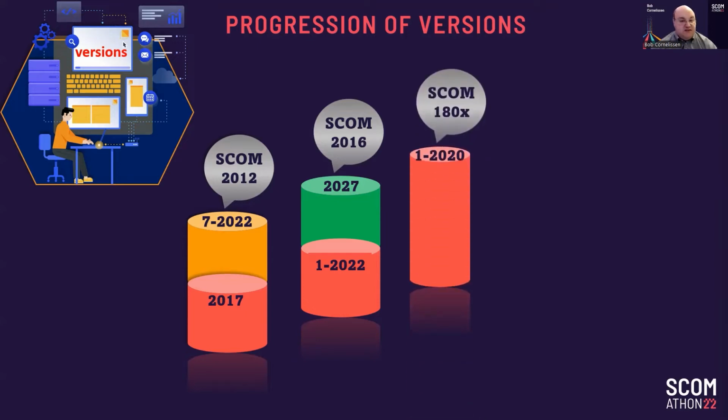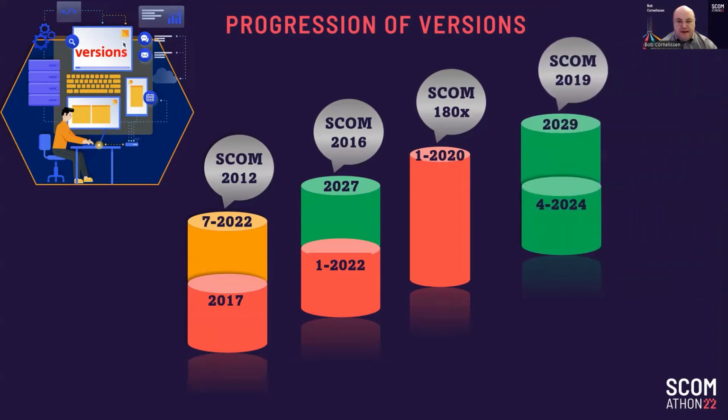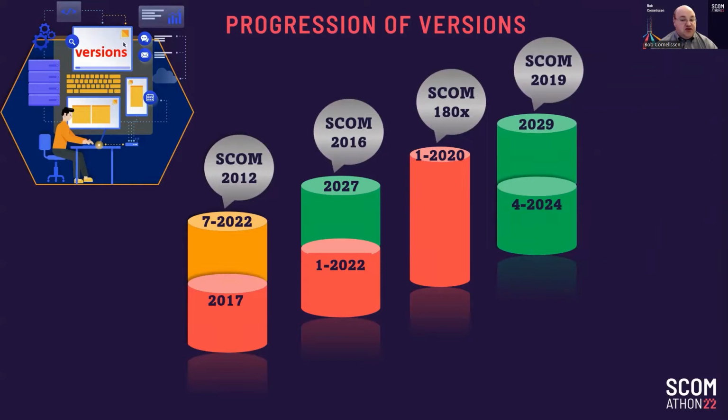We did have a semi-annual cycle with 2 versions, 1801 and 1807 a few years ago, but those went out of support a long time ago. Now we have a lot of SCOM 2019 out there currently, which is in the mainstream support for about 2 years still. And of course, after that, there will be 5 years of extended support.